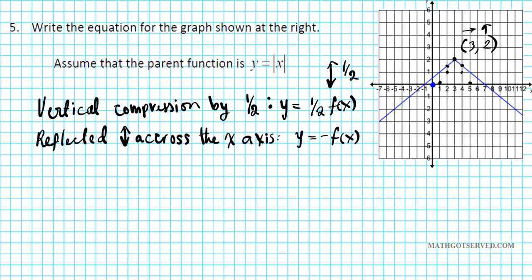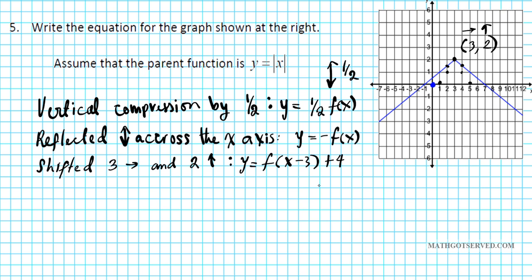Okay, so the graph was shifted 3 units to the right and 2 units up. So what does that mean? We have y equals the function x plus, to the right 3 units is actually the reverse, x minus 3, and then 2 units up is plus 4.